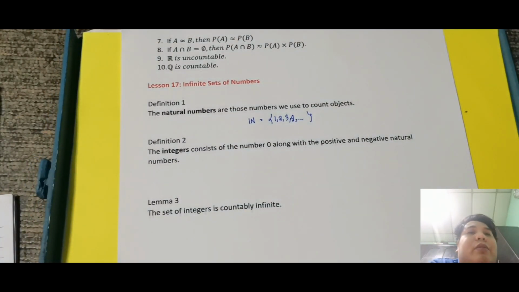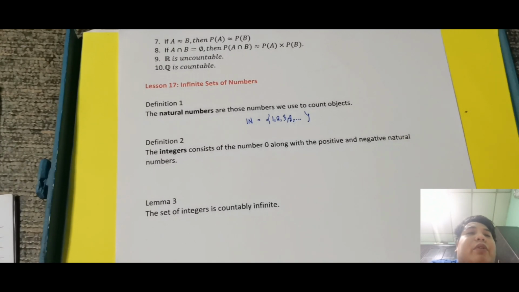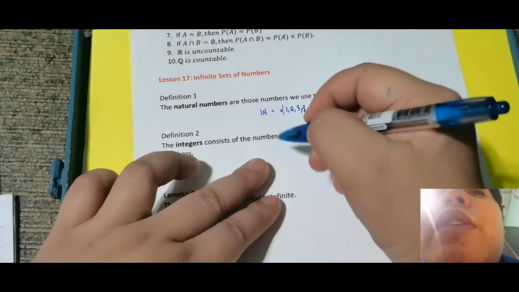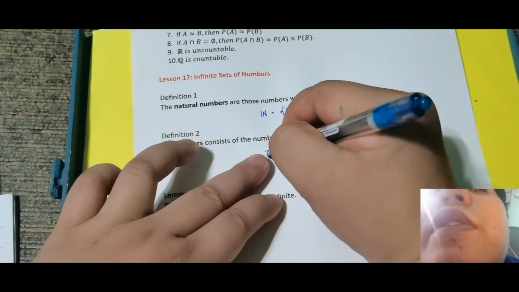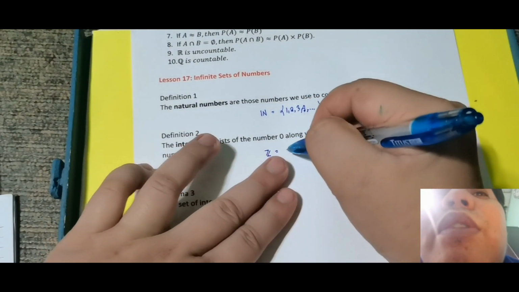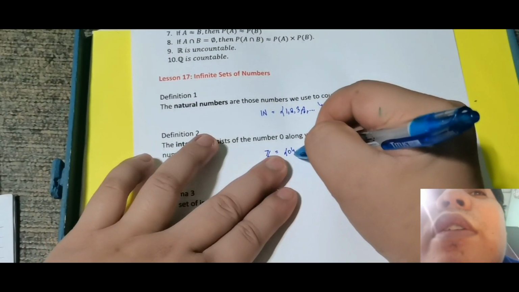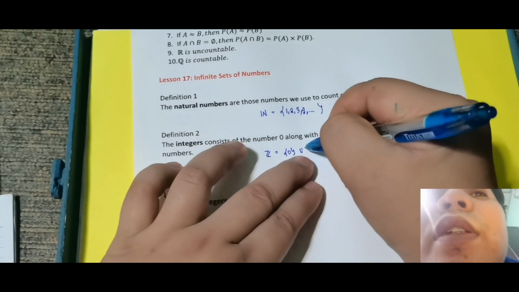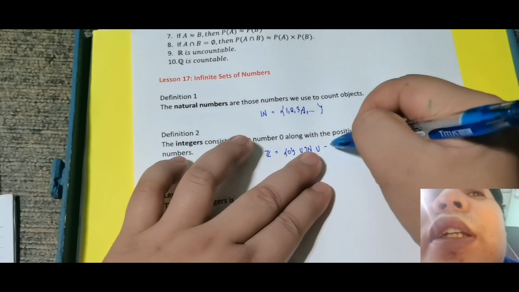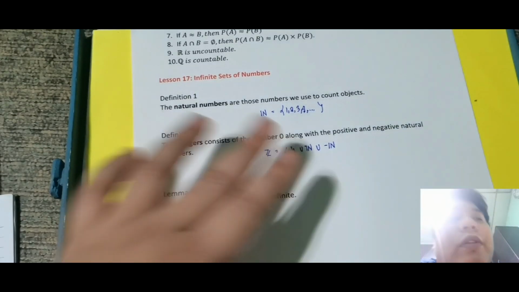Next, definition number 2. The integers consist of number 0 along with the positive and negative natural numbers. So, in terms of symbol, ano siya? This is integers. Sabi niya siya daw yung along with 0, so the set containing 0, union, the set of natural numbers, union, si negative ng natural number.